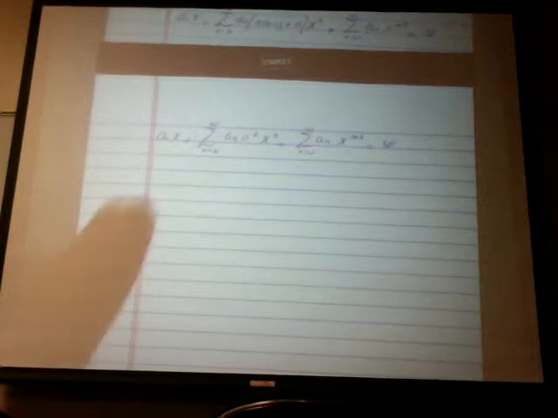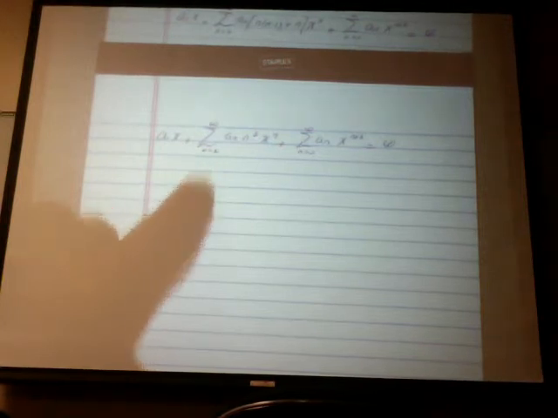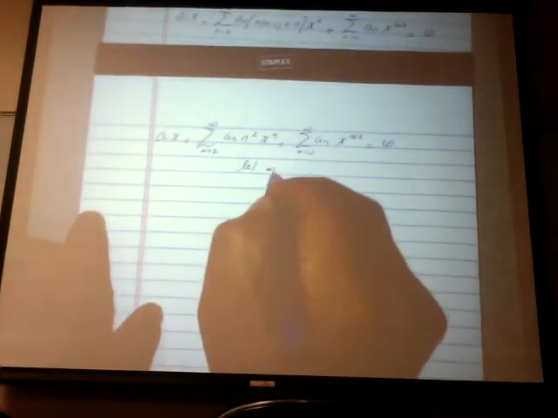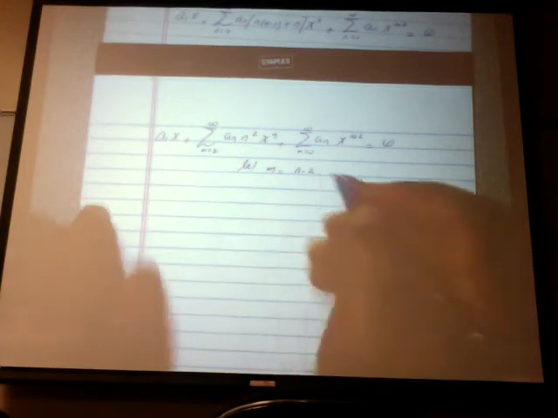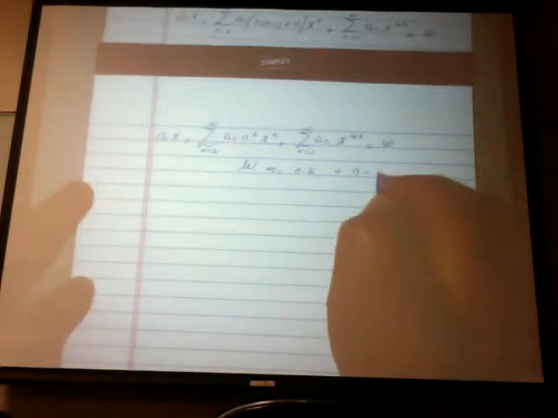And then I'm going to switch this n right here to m, so that when n is equal to 2, m is equal to 0. So I'm going to let m be equal to n minus 2. Therefore, n is equal to m plus 2.